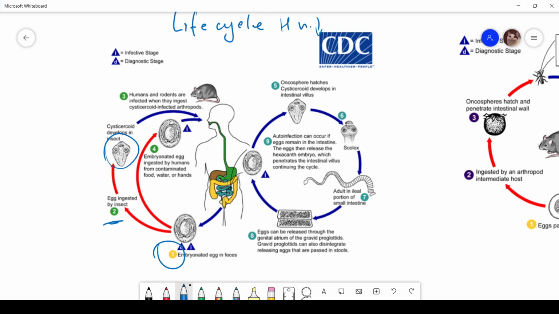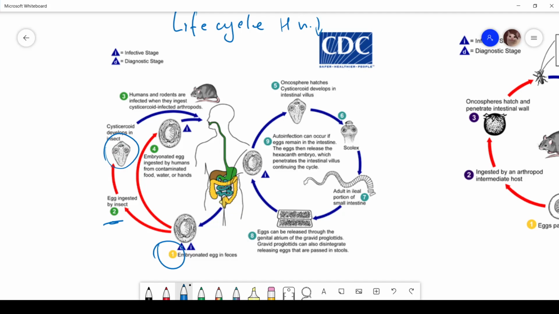When eggs are ingested in contaminated food or water or from unwashed hands, and these hands must contain on their surface small parts of feces with eggs, the oncospheres contained in the eggs are released.